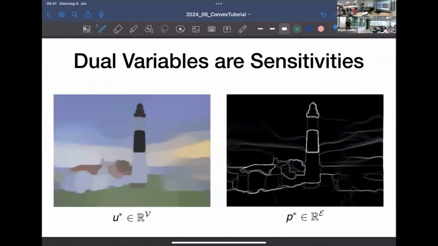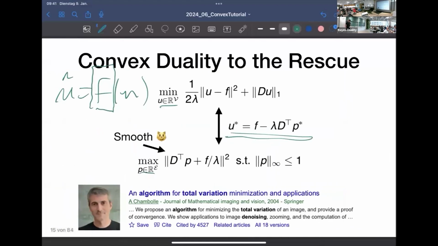Okay, there's one more question. I found this interesting: graphs by themselves have a duality between vertices and faces, and in this case we went from vertices to edges. But how did the optimization vectors know about the edges? Is it because of D? Yes. D is a map from the vertices to the edges.